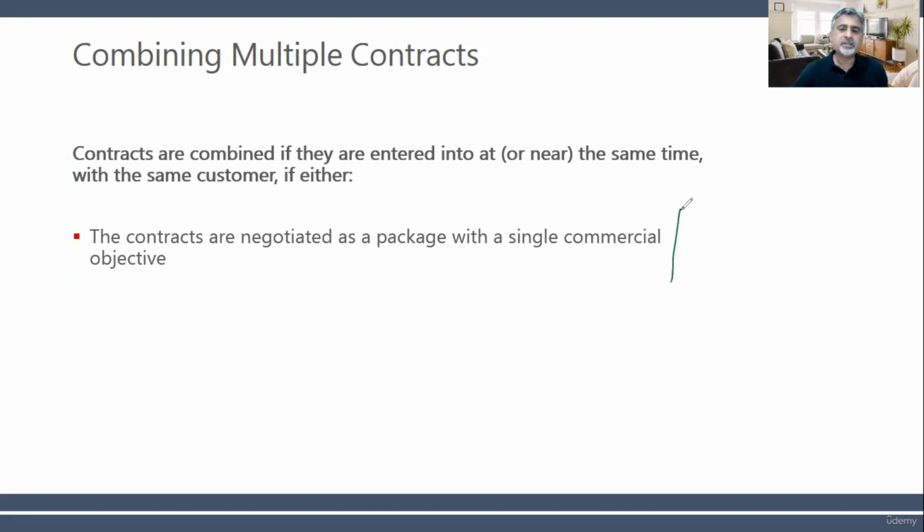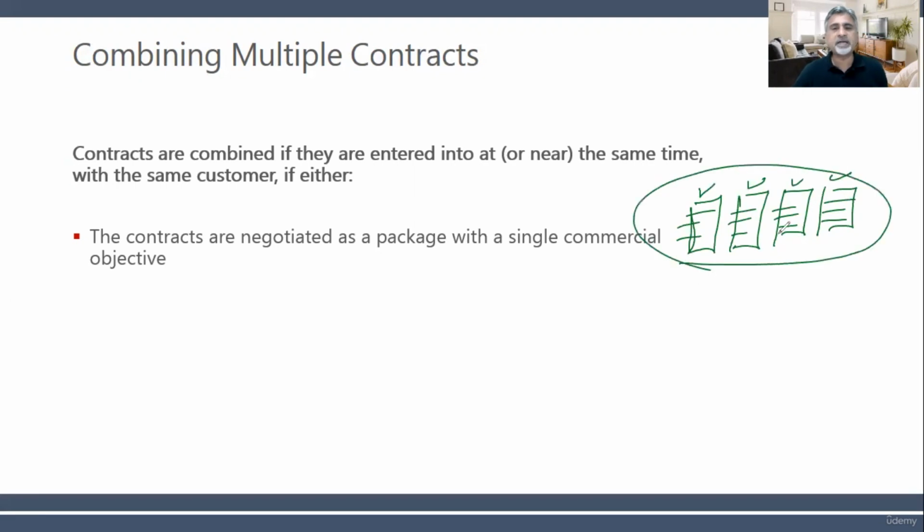For example, you agreed with someone to make a residential site, and that residential site includes, I don't know, 4 building blocks. So it is possible that you make separate contracts for all of them, and it is possible that you combine all of them together. So combining the simple contract, because it is a single commercial objective, construction of this residential site.